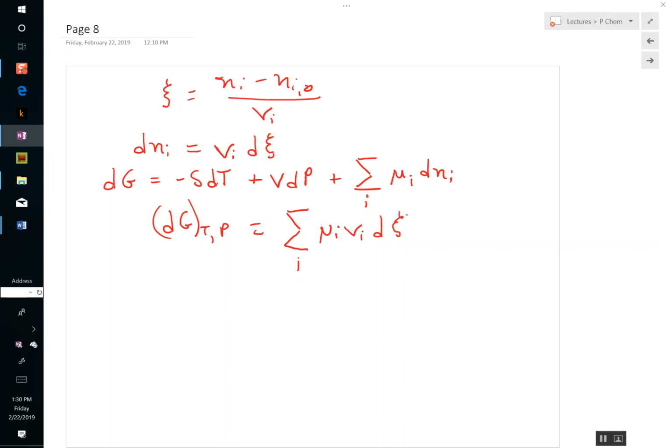So then, if you divide both sides of this equation by the change in the extent of the reaction, you get that delta G over the partial of the extent at constant temperature and pressure is equal to this sum.